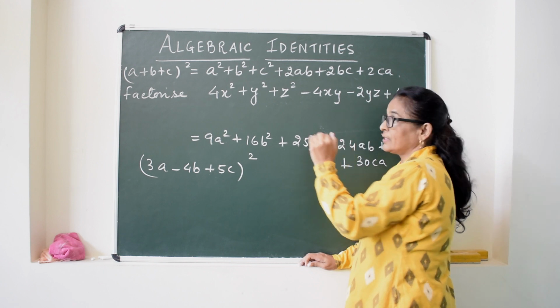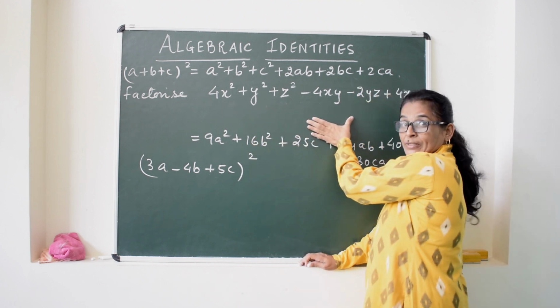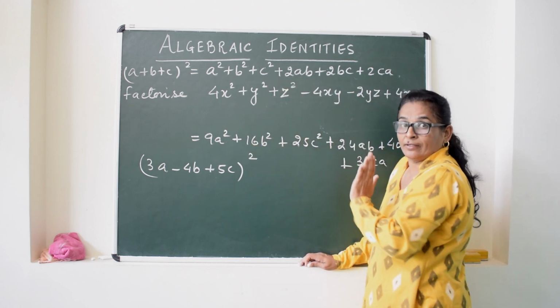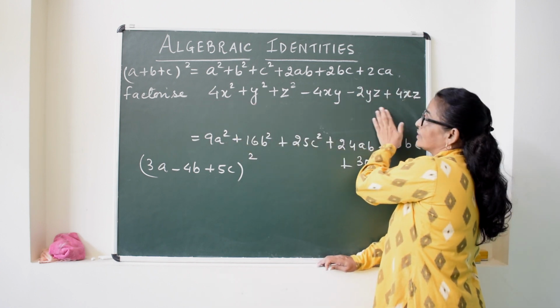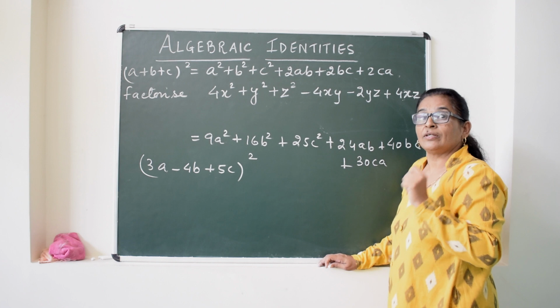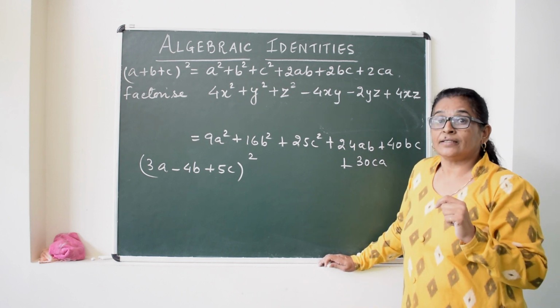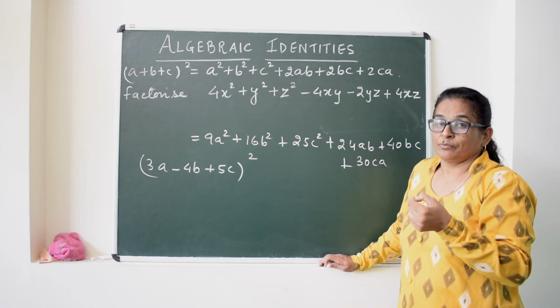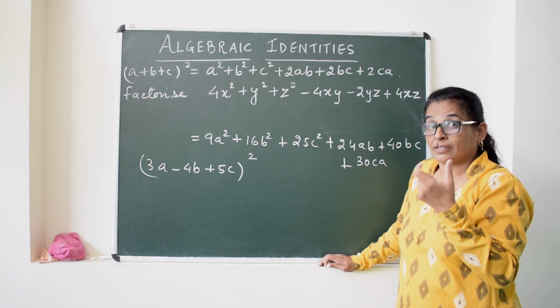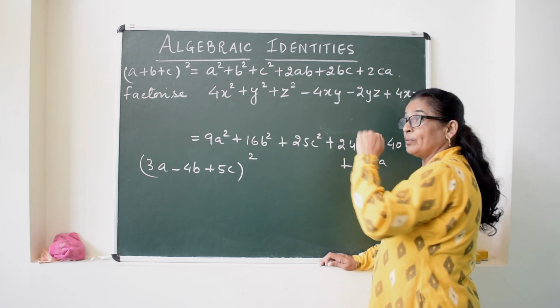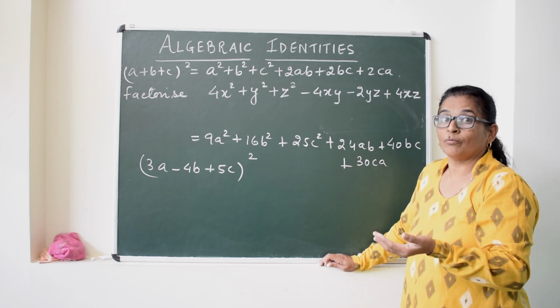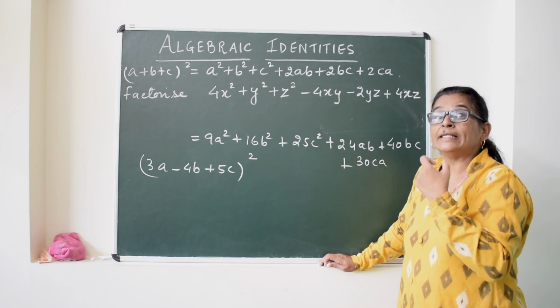But if it is asked to factorize, it means the right hand side will be given. Then we have to find what are the factors of this given expression. Whenever we write the factors, we write them as linear factors, means a product of linear factors. Ultimately, the answer should be like that. So it means this given expression is to be expressed in the form of a product of its linear factors.